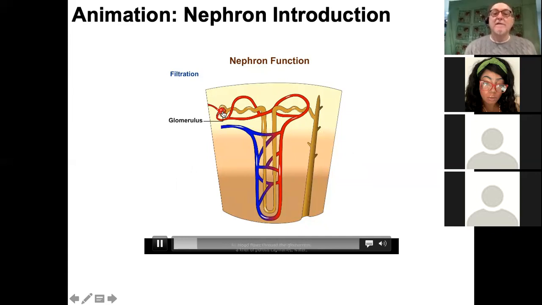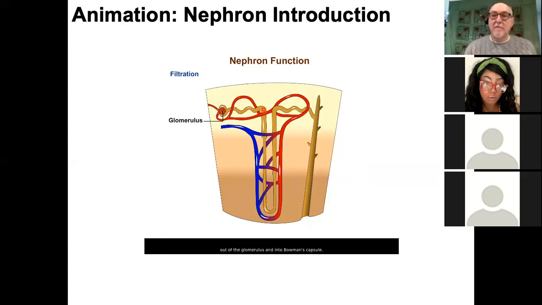There's the glomerulus, the knot of capillaries. That creates the fluid, which is gathered by the Bowman's capsule. So that's the filtration. This is the filtrate flowing through.